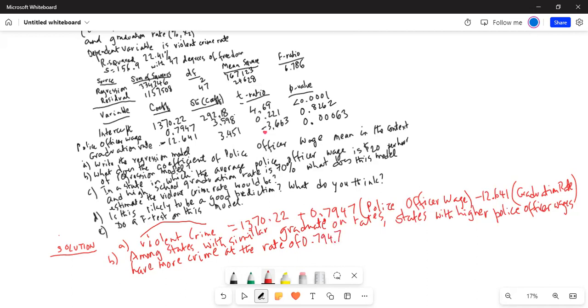0.7947 crimes per 100,000 for each dollar per hour of average wage.